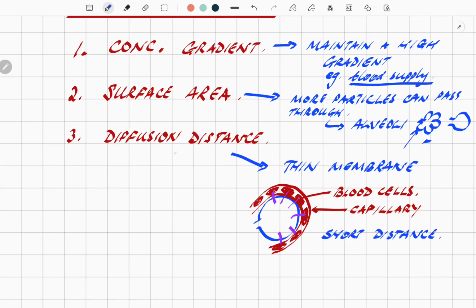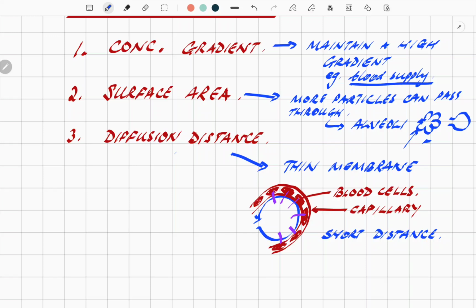And then the surface area, because it's a spread out spherical structure, it maximizes the surface area. Therefore, there's plenty of opportunity for the gas to diffuse through. And the capillary is right next to the membrane of the alveoli. And therefore, there's a short distance for the gas particles to move.